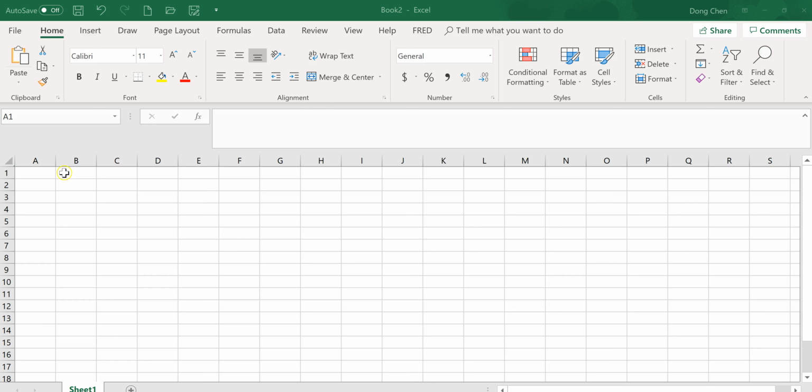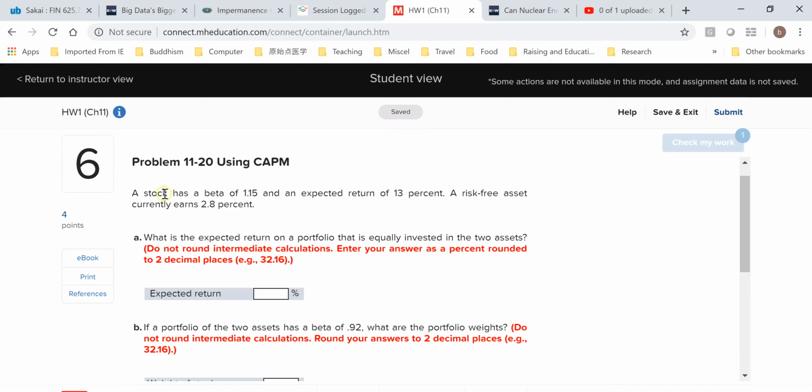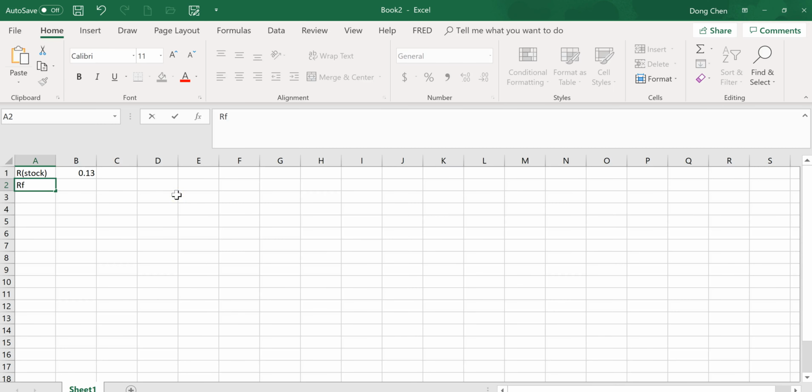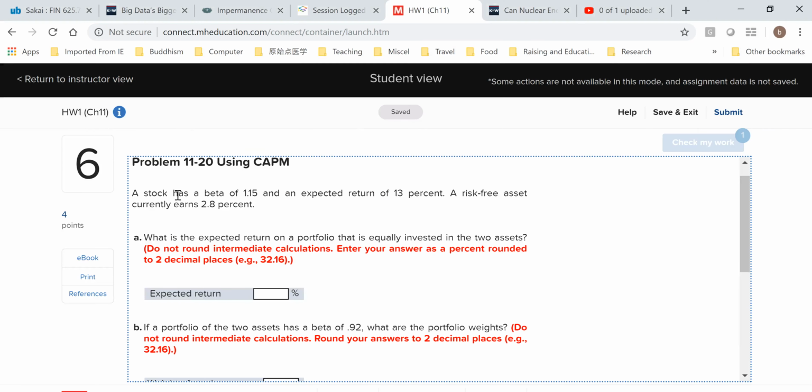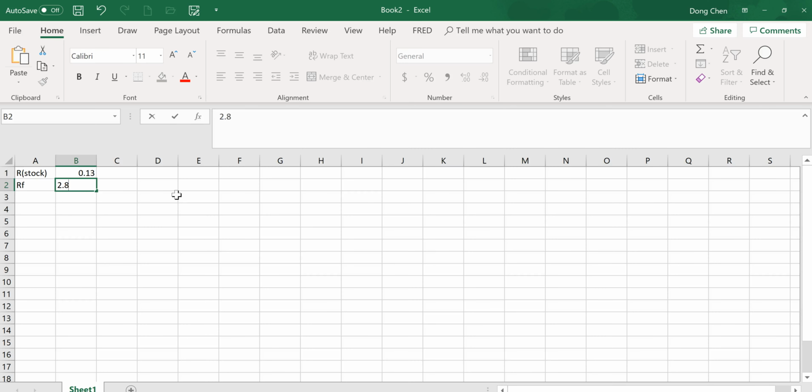So if I put this input here, our stock is 13%, and RF is 2.8%. And RP, that's the portfolio, is the weight.